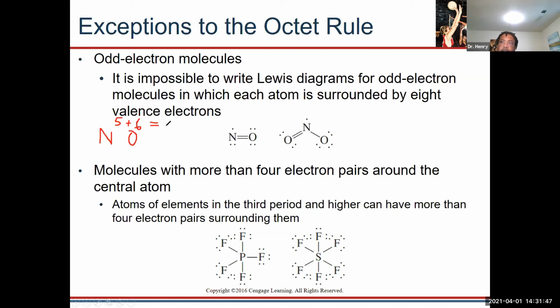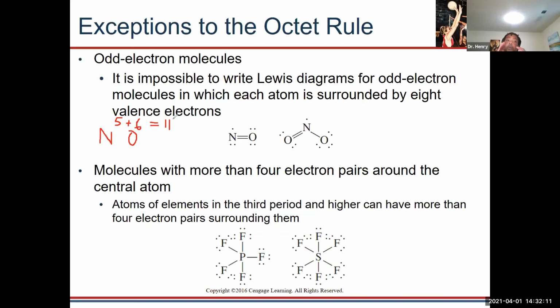5 plus 6? 11. Okay, anytime the electrons add up to an odd number, it will never, ever be able to reach its octet.